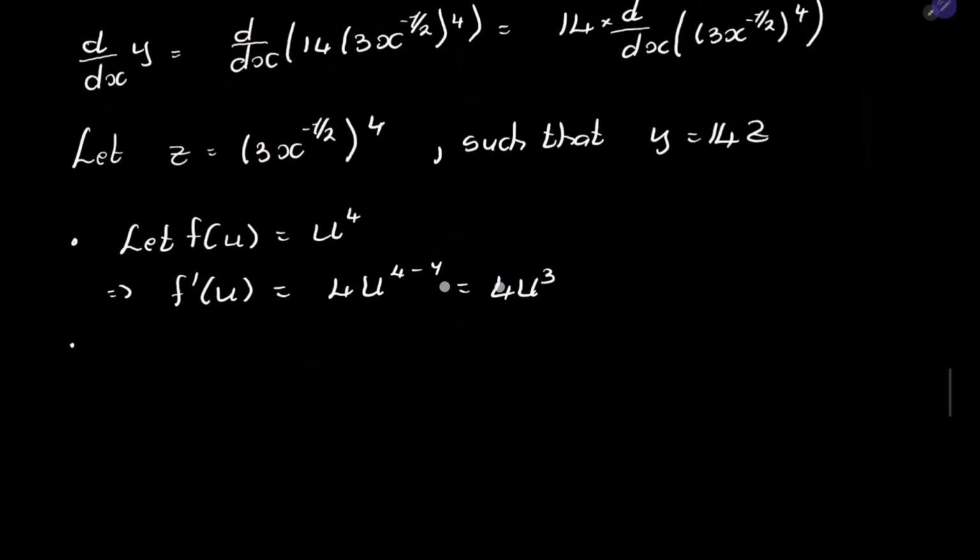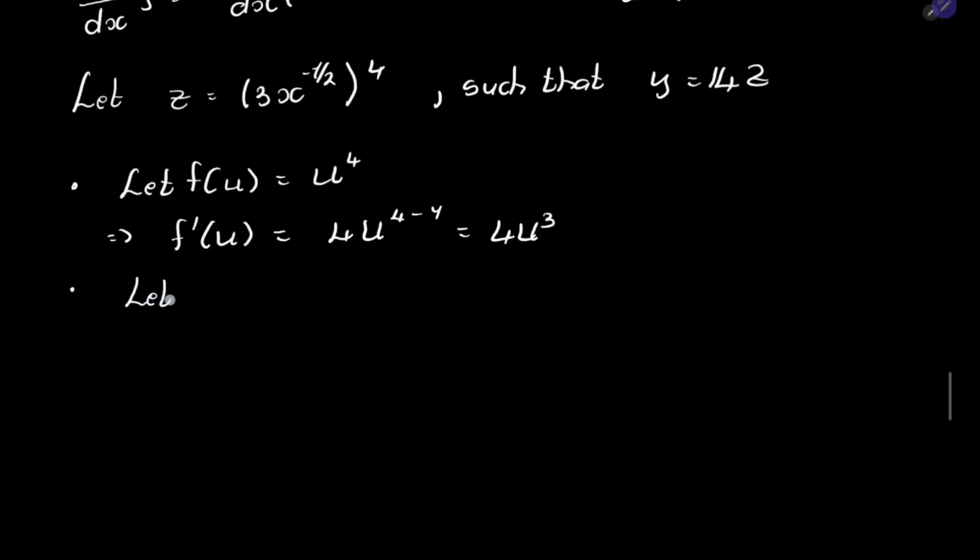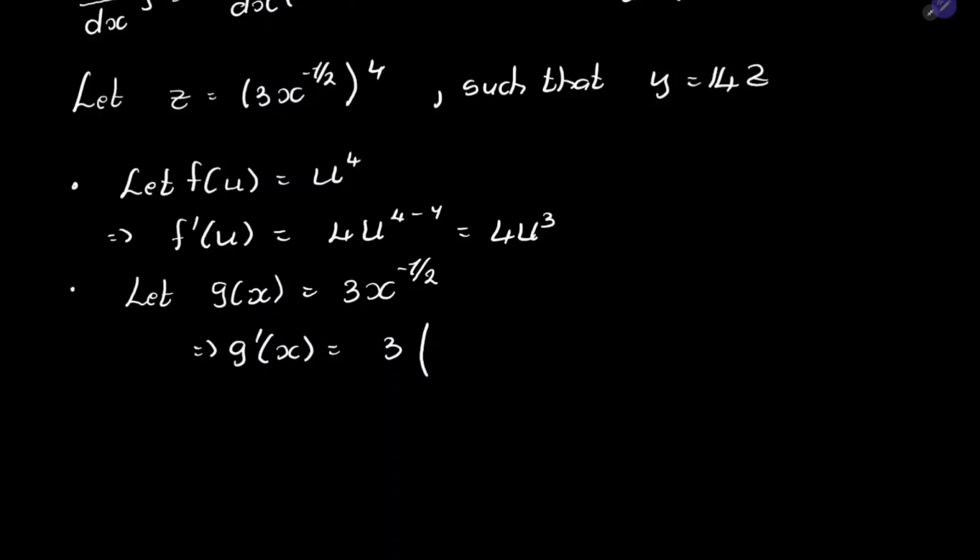Next, let g of x be equal to 3x to the negative half, which implies that g prime of x is equal to 3 times negative half x to the negative half minus 1, which gives us negative 3/2 x to the negative 3/2.